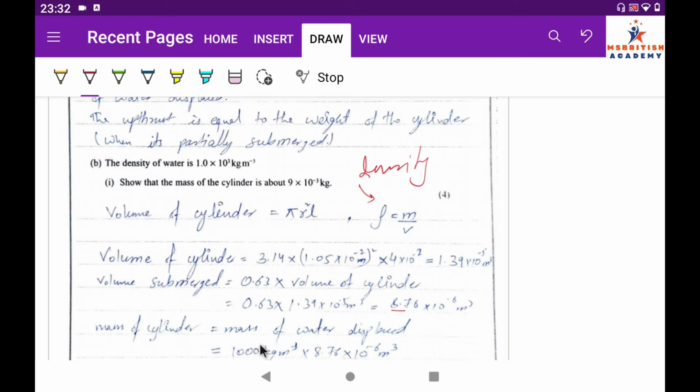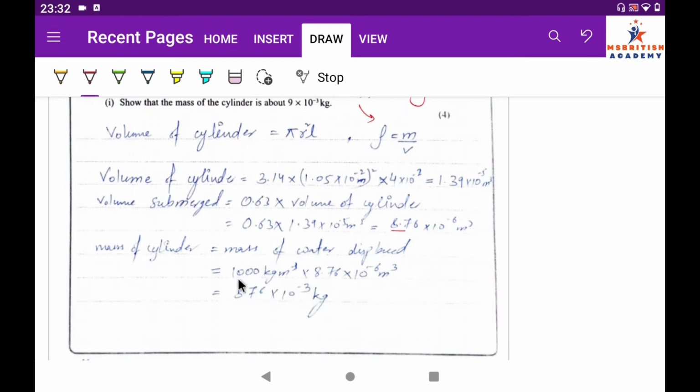So the density into volume, this is the density of mass, and this is the volume of water displaced. So this much is the mass of cylinder. Mass of cylinder is 8.67 into 10 raised to minus 3 kg.